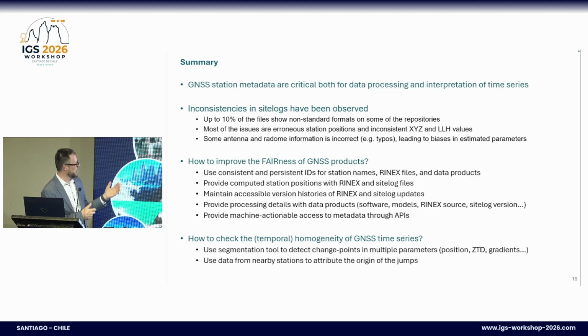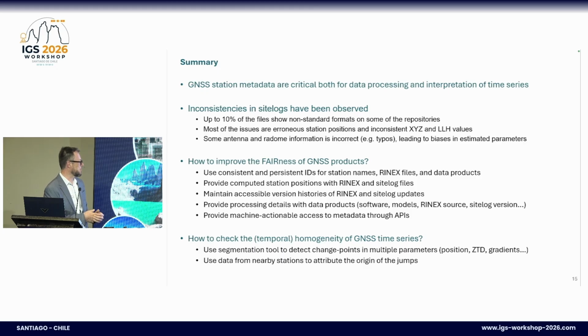So one of the key questions is how to improve the FAIRness of the GNSS products. Improving the FAIRness of the station metadata is one aspect. The RINEX description, as we heard in the talk before, is also another important aspect.